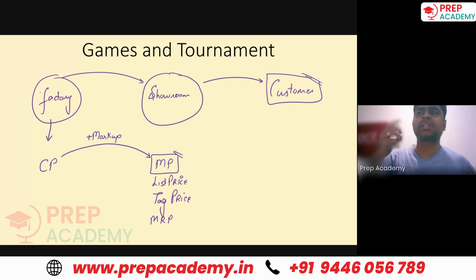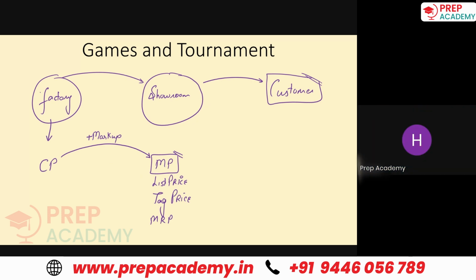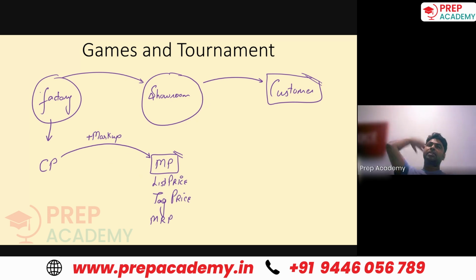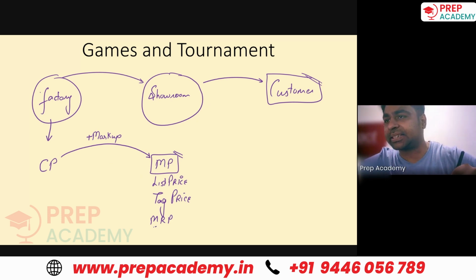Right. So do you think that is the cost involved in making the product? Is it a cost or something else? Is it the cost and the value that it holds relatively in the market? Not exactly, because if you ask for a discount, they can also give you discounts. That is the maximum retail price.